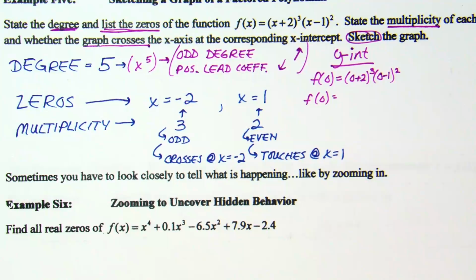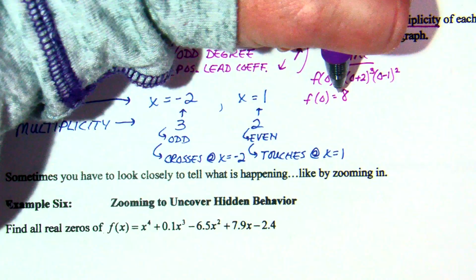Zero plus 2 is 2. 2 to the third is 8. 0 minus 1 is negative 1. Negative 1 to the second is positive 1. 8 times 1 is 8. So we have a y-intercept of 8.